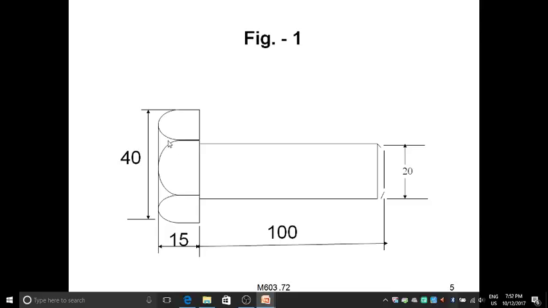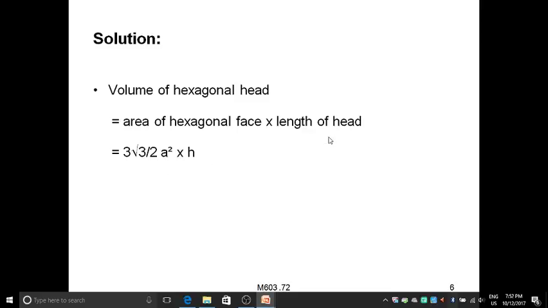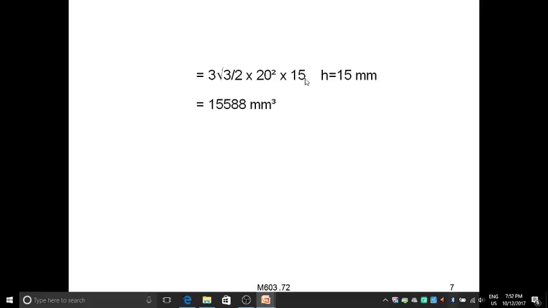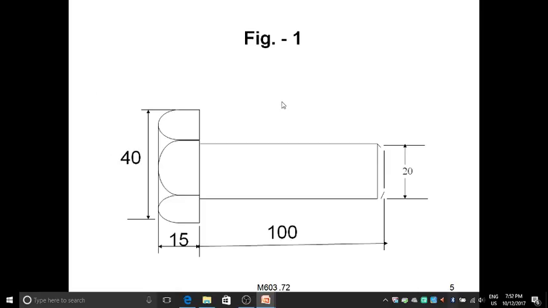Now you have a direct formula here to calculate the area and volume. So the length of the head is 15 here. This is the cross sectional area. 3 square root 3 by 2 into a square will be the cross sectional area of the hexagon. So you multiply the cross sectional area with the length, that is 15 here.